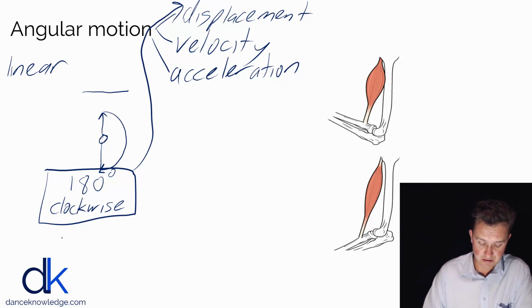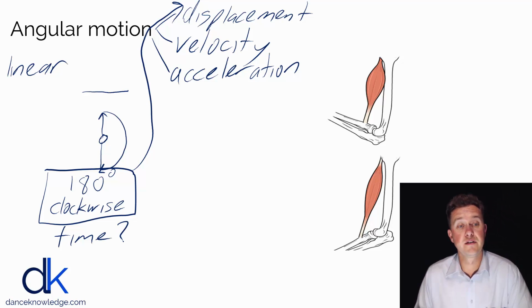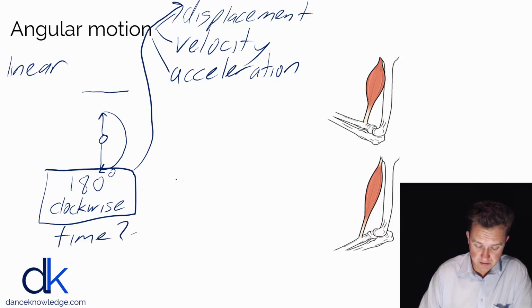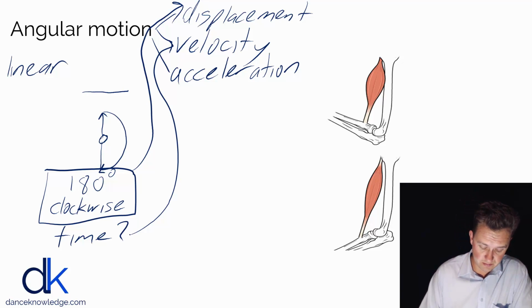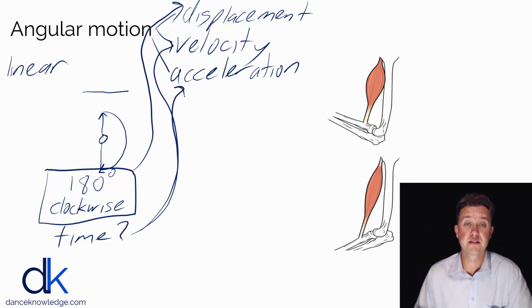Then if we measure the amount of time that took, we can divide the displacement by time, and then we have a measure of velocity. If we look at that time again, then we have a measure of angular acceleration. So the same principles, the same formulas apply for angular motion as they do for linear motion.